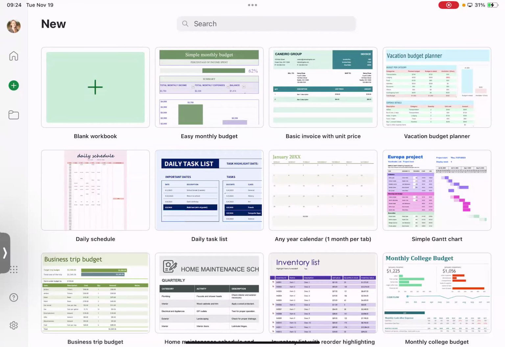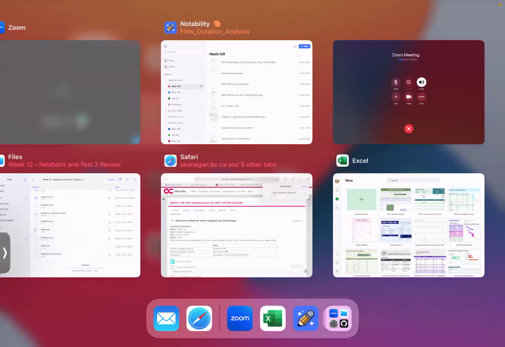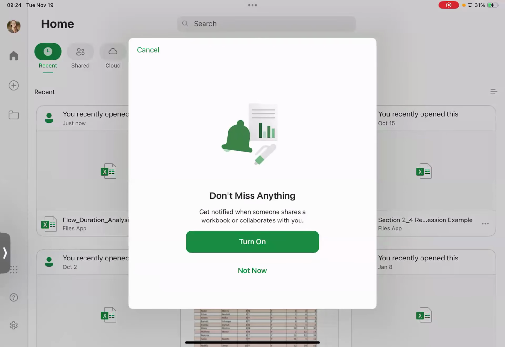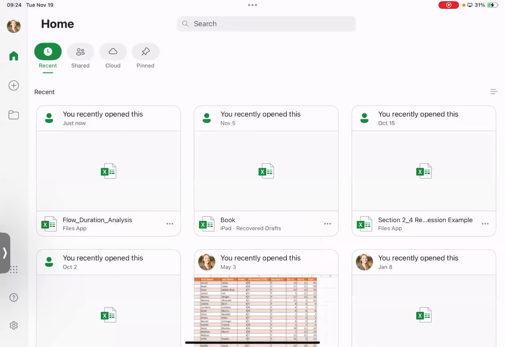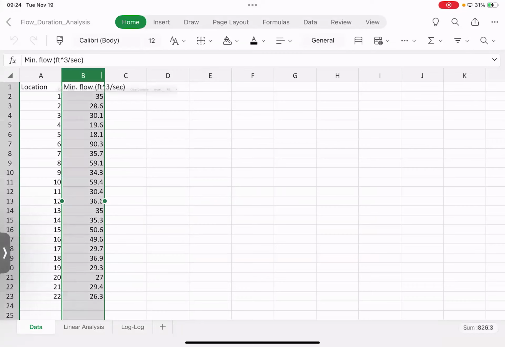Hey, it ditched my workbook, but I wanted it. Uh-oh. What have I done? Where is it? Here. Okay. Let's see if I can pull it off on my iPad.